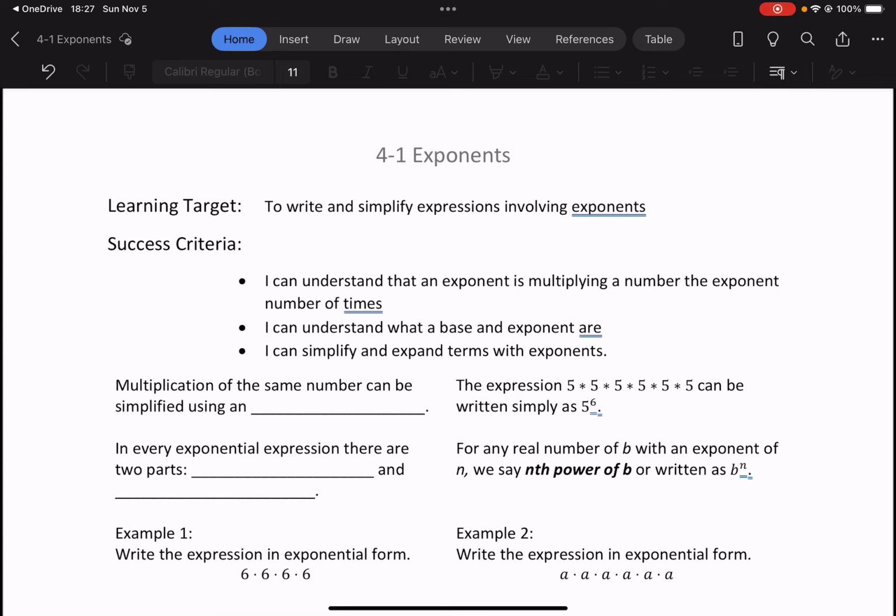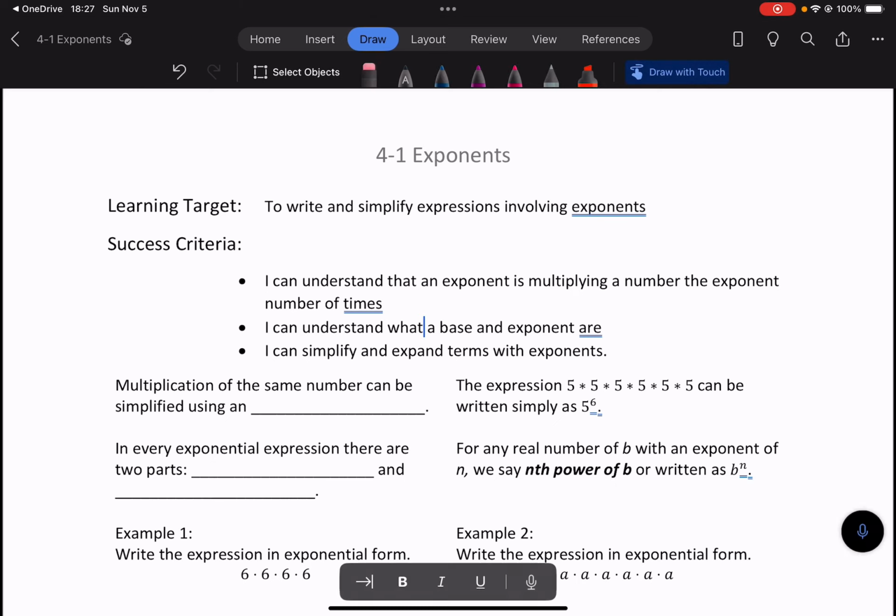Okay, so we're going to start chapter 4, and chapter 4 gets into a lot of our exponent type things. So we're going to start with just some basic exponent stuff, just what it is, what it does, kind of how we actually start to look at exponents. In this one, we're going to simplify expressions using exponents.